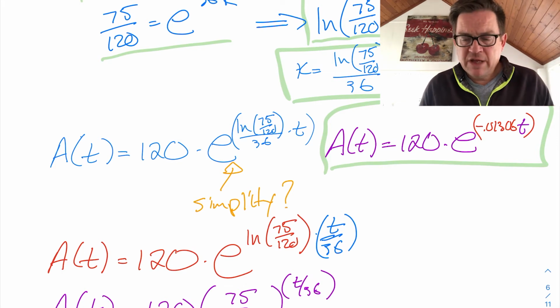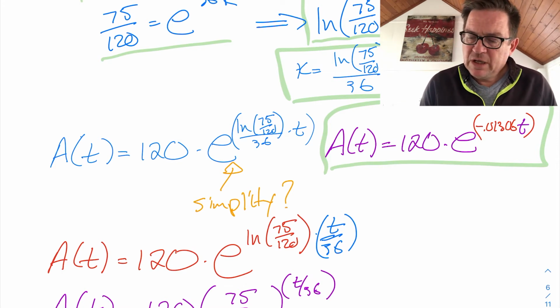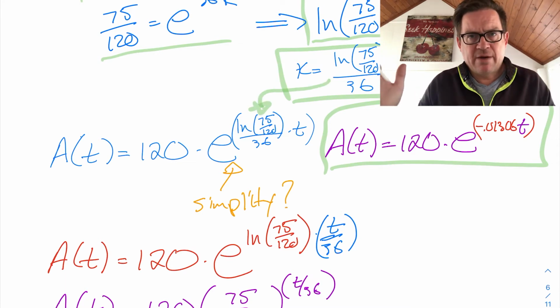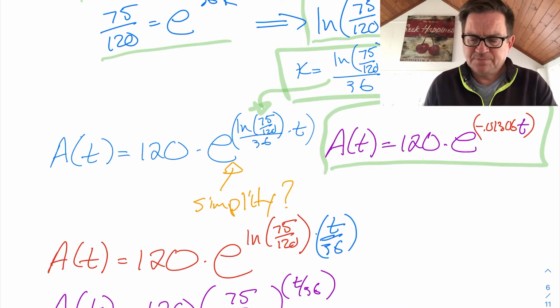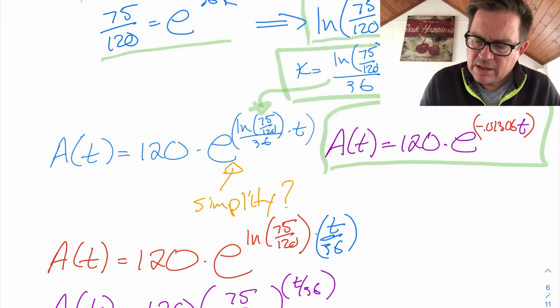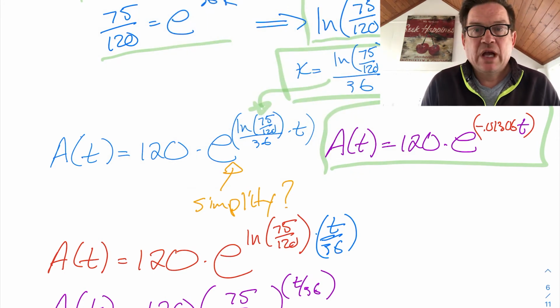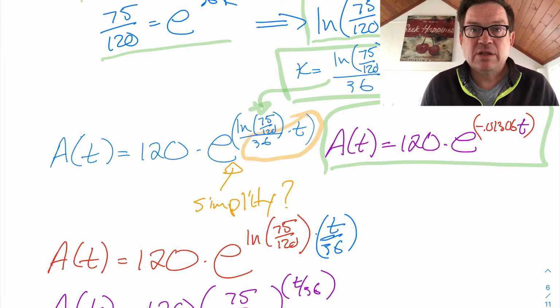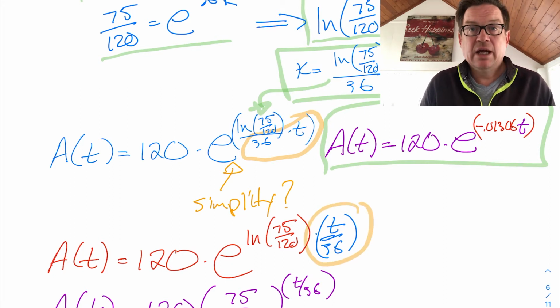But there's another way to think about that problem. That value for k, if we plug that in here and leave it in ln of whatever, rather than changing it to a decimal, what does that look like? Well, I can play with this exponent, and the 36t divided by 36, I can bring that outside and have that as a separate fraction.